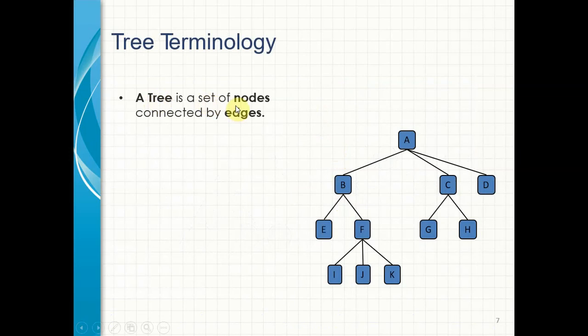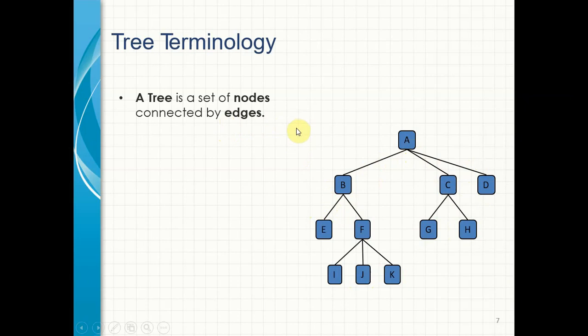A tree is a set of nodes connected by edges. The nodes you can see are A, B, G, C, D, I, J. All these are the nodes, and they're connected by edges. These lines are edges.